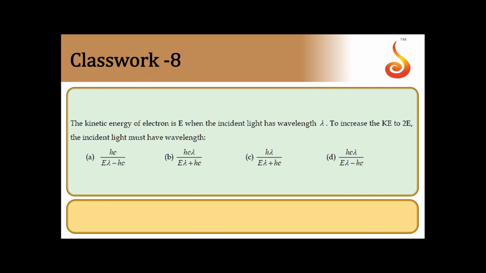So in this problem what they have given is, kinetic energy is E when the incident light has wavelength lambda. Now in order to increase the kinetic energy to 2E, what must be the incident wavelength? So write the photoelectric equation for the first case.